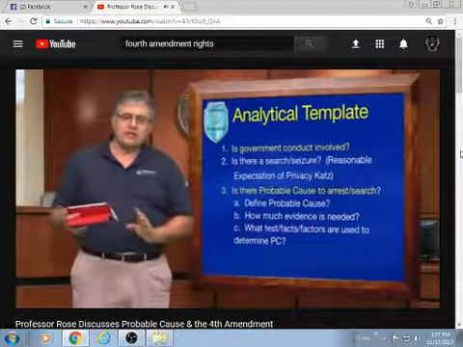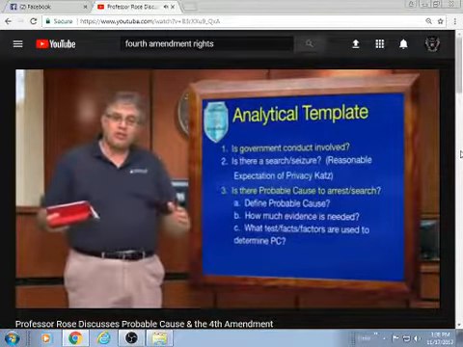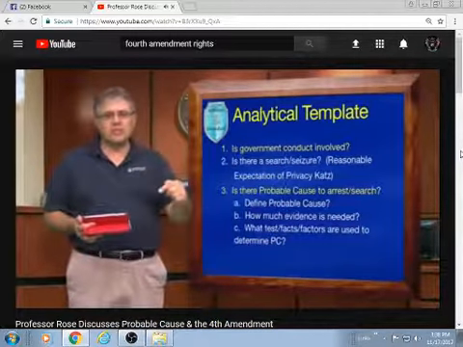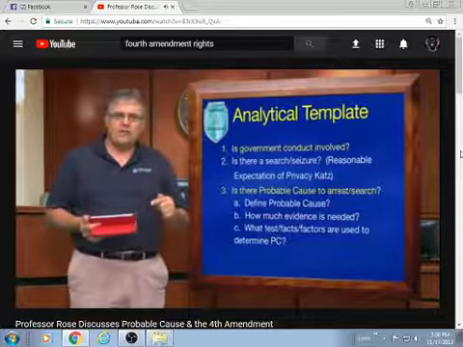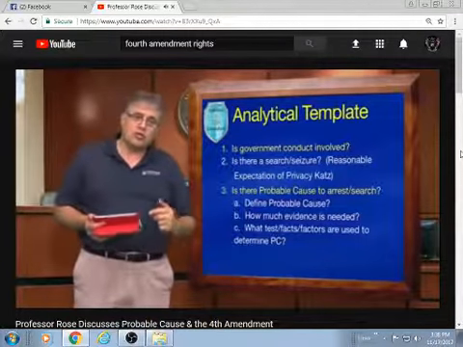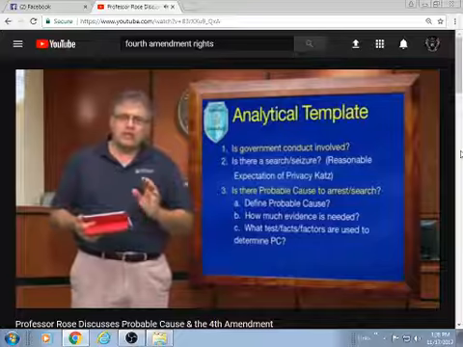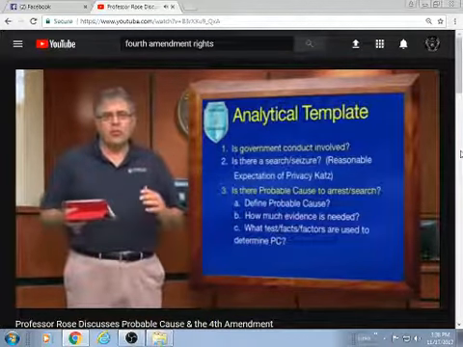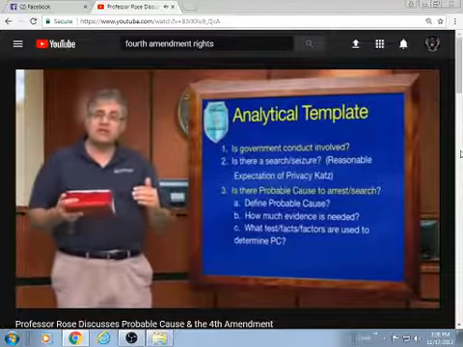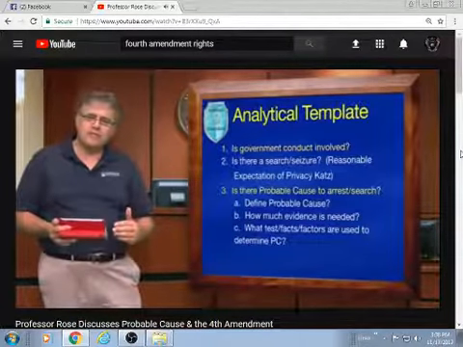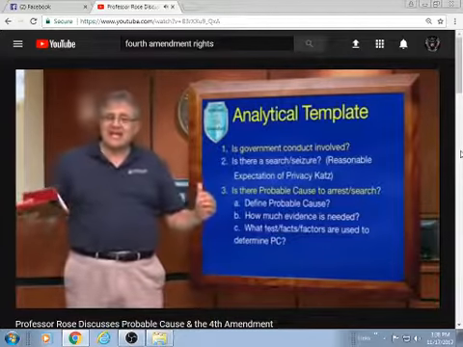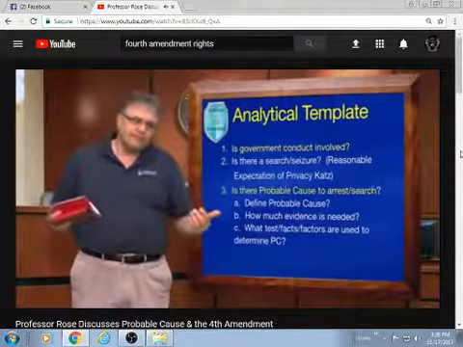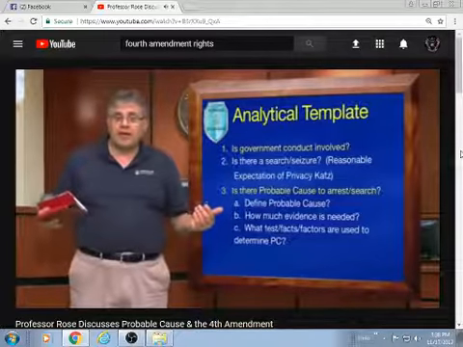Well, the court tells us, and they told us in Katz and in the progeny from the Katz decision, that we look at the reasonable expectation of privacy of the person who is being searched or who is being arrested. And that reasonable expectation of privacy is both a subjective and an objective test. We looked at whether or not the individual subjectively thought that they had a right to privacy, and then we look at whether or not society as a whole objectively believes that privacy belief by the individual is reasonable.